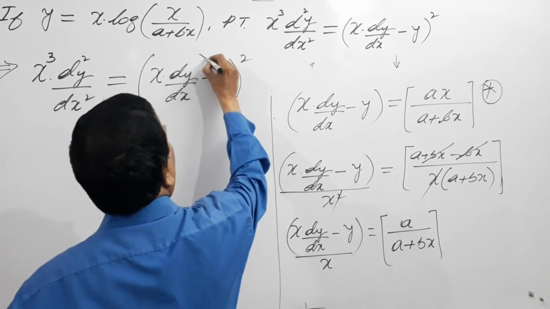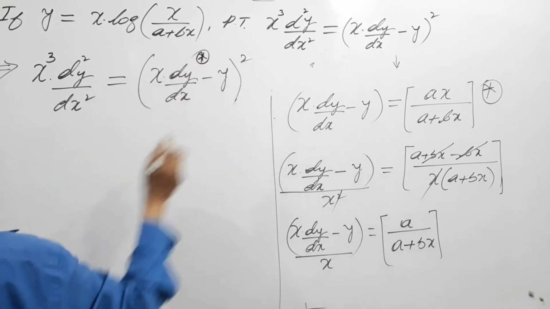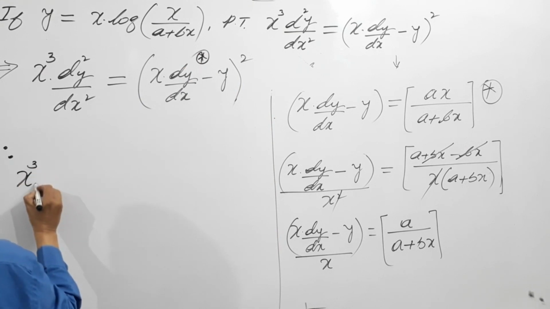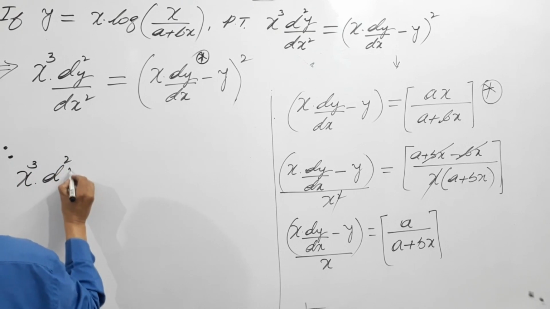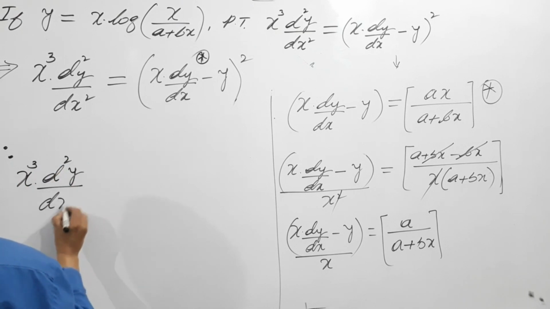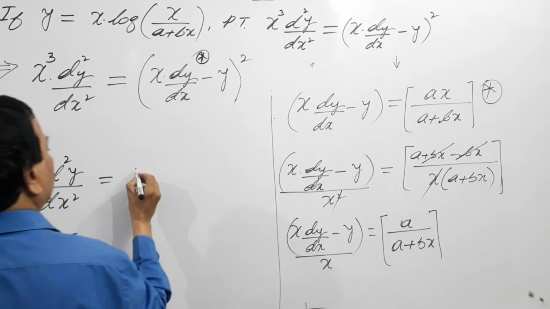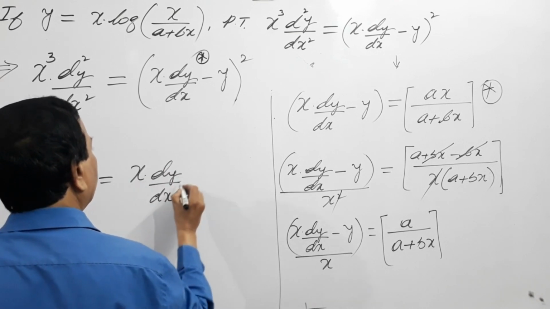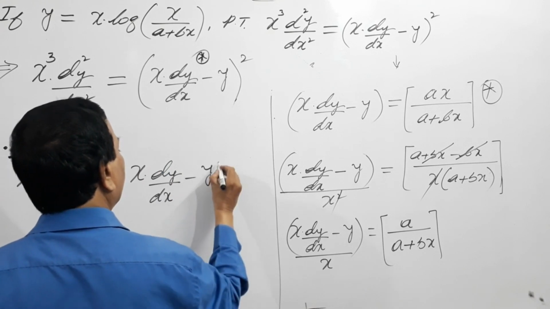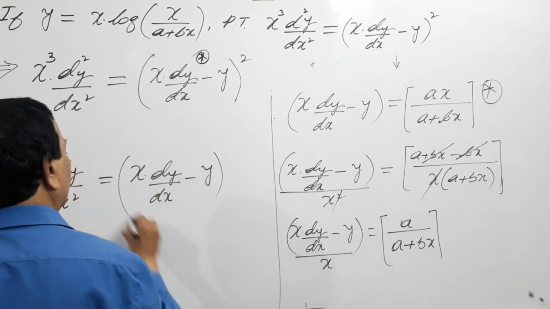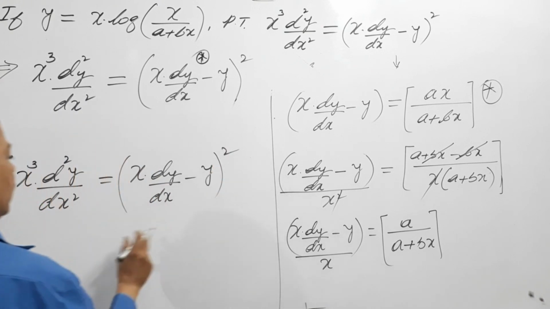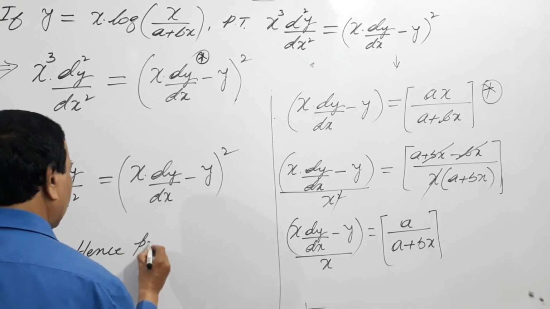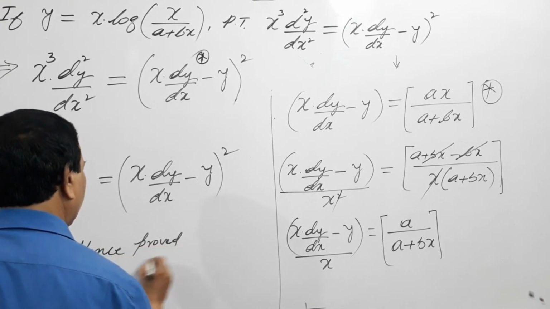Therefore x cube into d square y by dx square equals to x into dy by dx minus y the whole square. Hence proved.